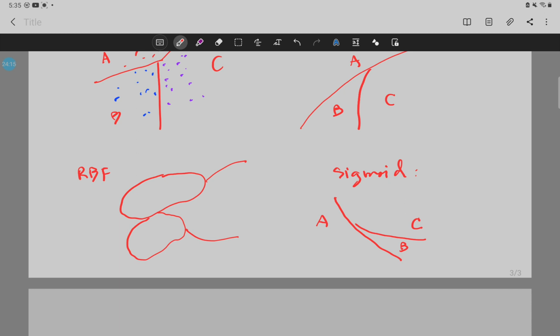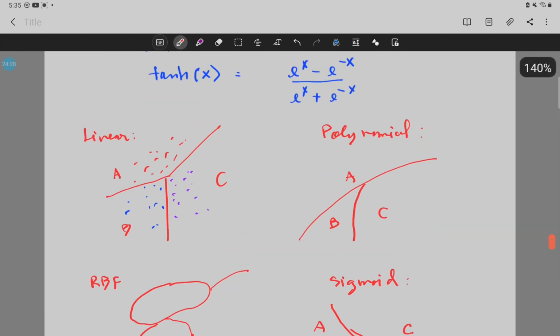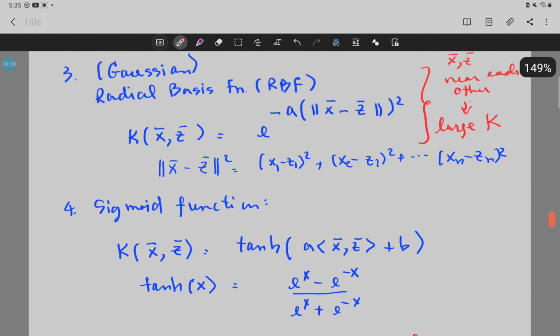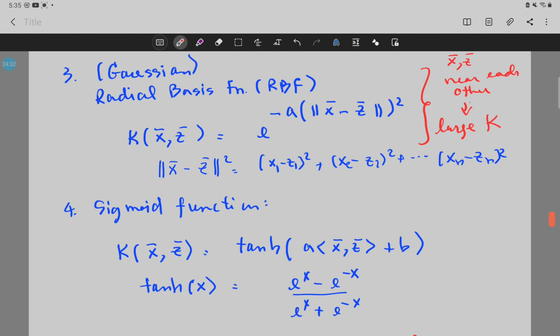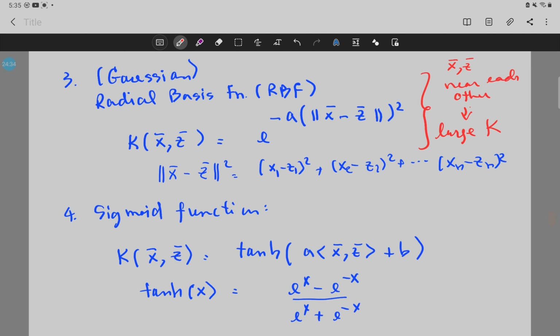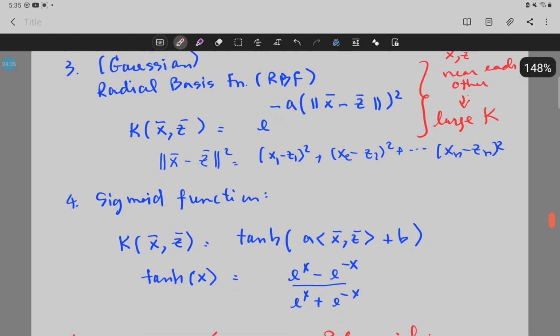So if you have a circle and you have lots of curves in it, then it's related to the gamma. And this gamma, when you look at RBF, I think it's related to this square that we look at.